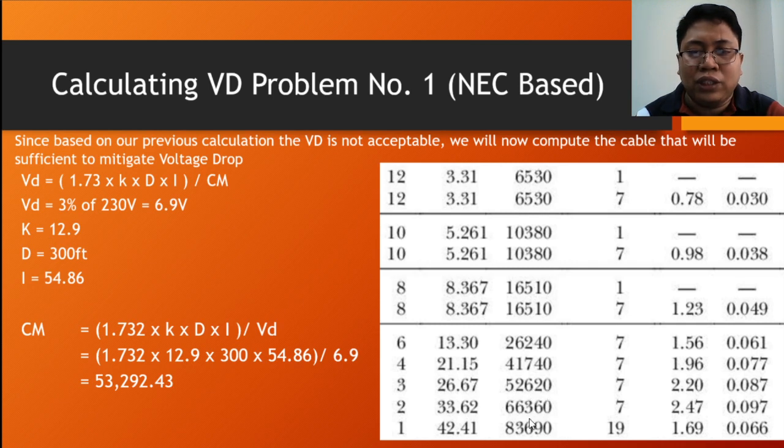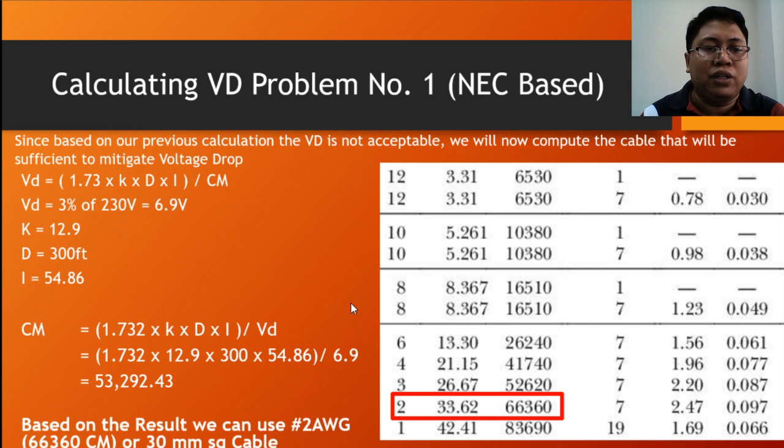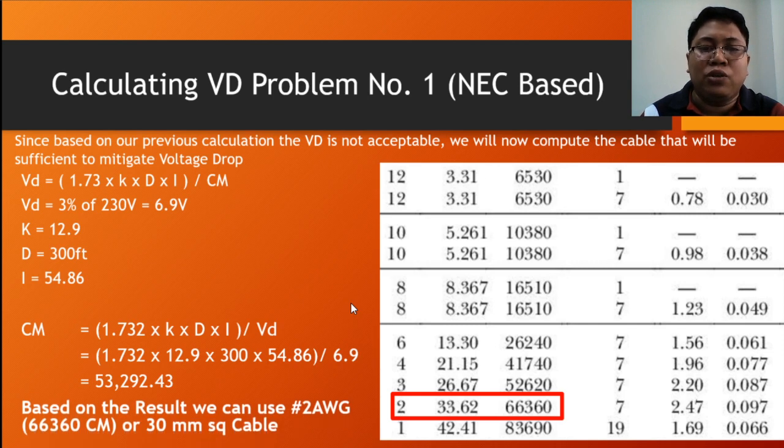Punta tayo dito sa 66,360 which is pasok naman siya and we will be using number 2 cable. All in all, we can use number 2 AWG or 30 mm squared cable. Parehas tayo ng result dun sa Philippine Electrical Code approach.